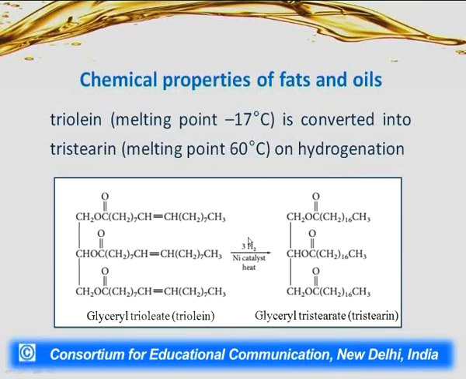When it is subjected to hydrogenation in presence of nickel, there is one pi bond, it gets reduced, and this oleic acid gets converted into stearic acid. So, what we get is now glyceryl tristearate or tristearin. The melting point of tristearin is 60 degrees Celsius. So, at room temperature it is solid. So, we have converted a liquid oil into solid fat.